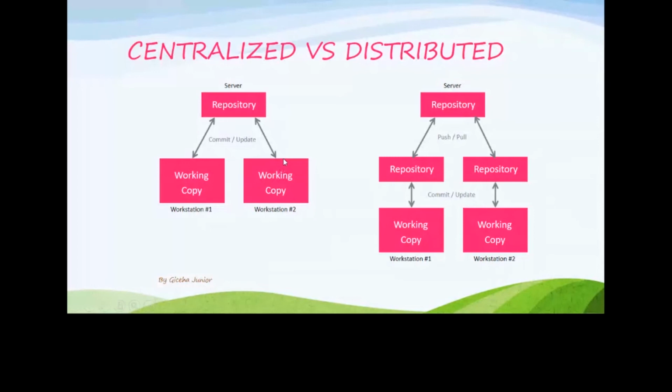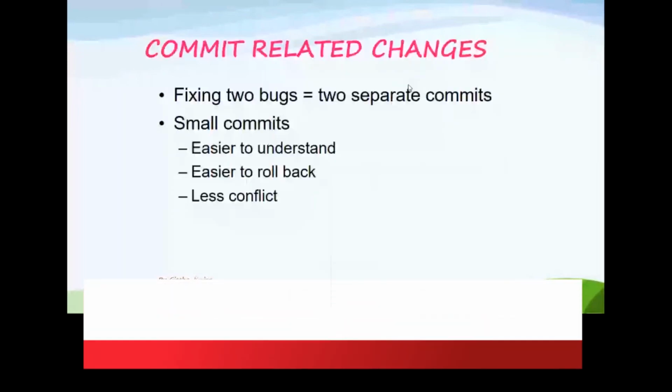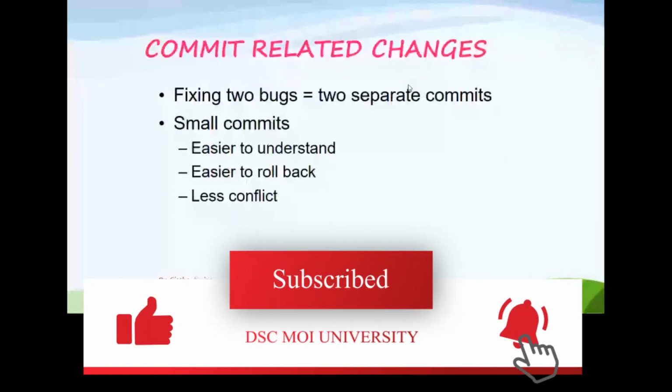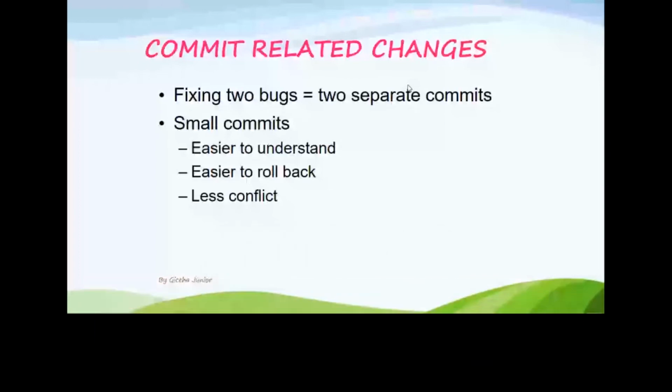I think the internet connection was the problem, but basically he had planned something on the best practices for using Git and GitHub. He was talking about commit related changes. Commits are like messages you make while pushing your changes. Maybe you have some code on GitHub, you've uploaded it, and you have it locally on your computer.